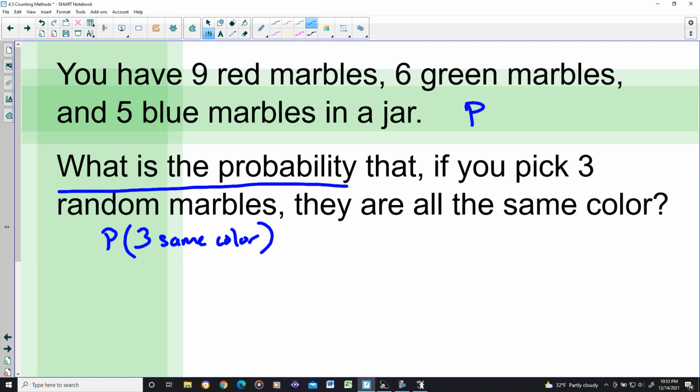Probability is always a count of the successes over a count of the total. So we need to figure out how many successes, so how many times I can get 3 of the same, and I have to count how many possible things can occur. Okay. It's not as hard as it looks, as long as you can kind of see where the numbers are coming from.